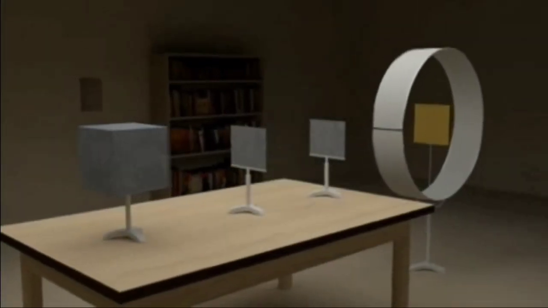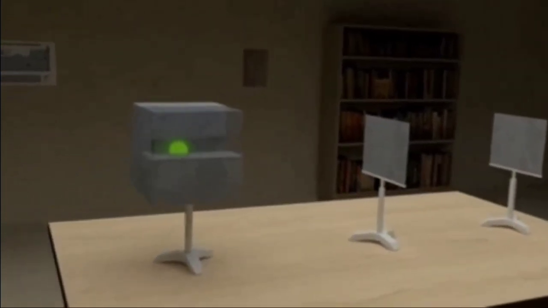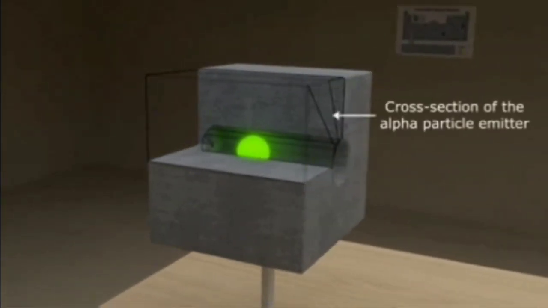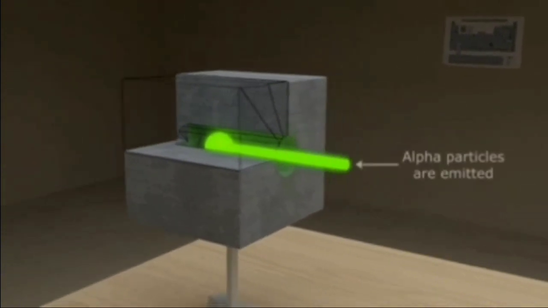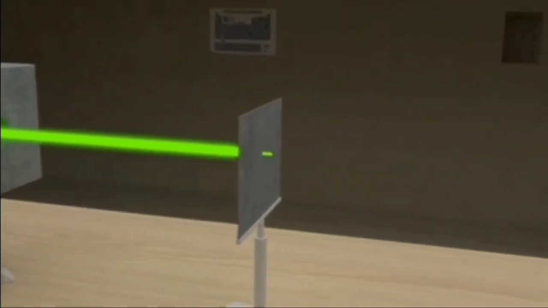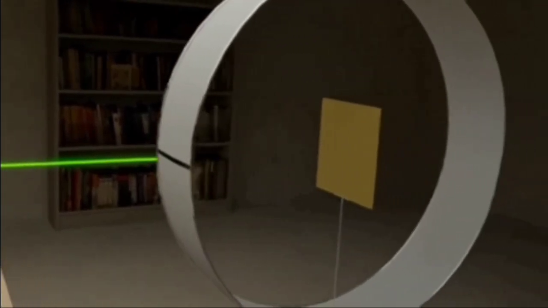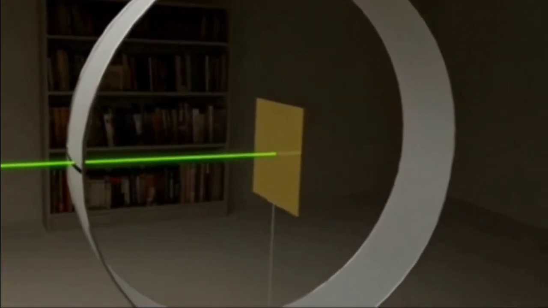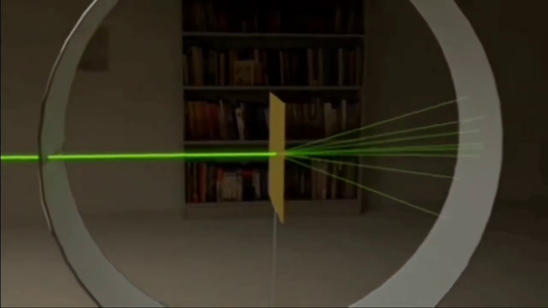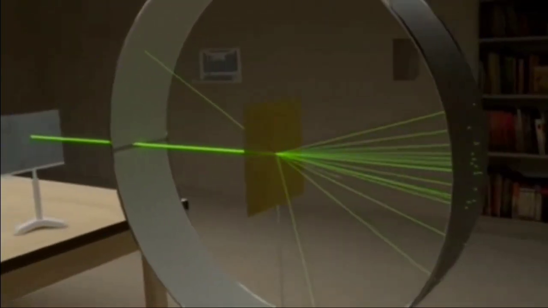As you can see, these alpha particles pass through the alpha particle emitter, and then they finally reach the gold foil and fall onto it.